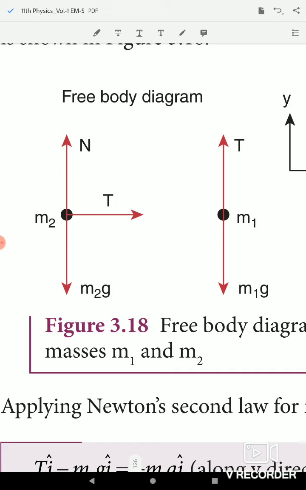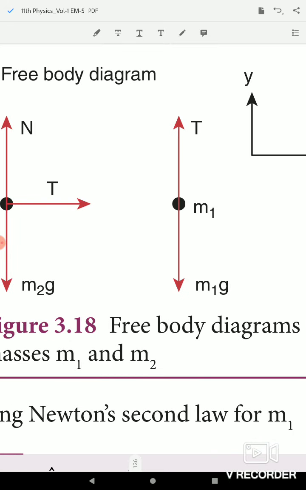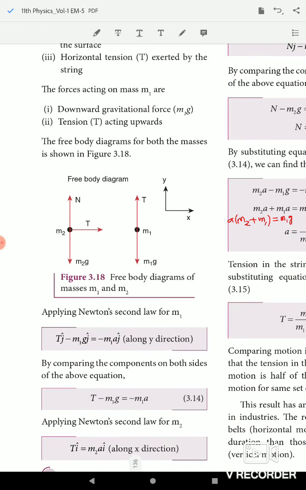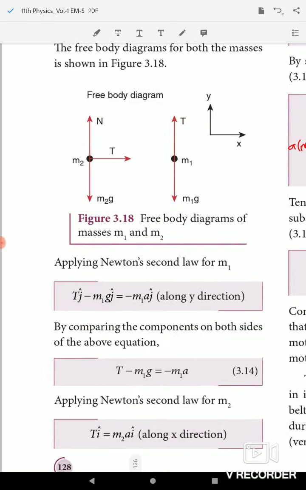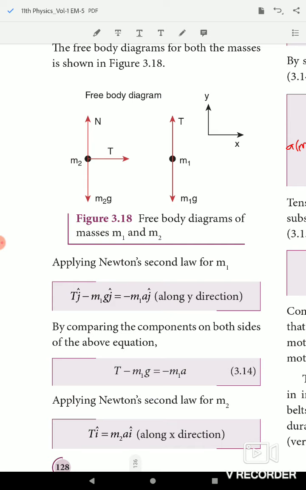In the case of m1, two forces are acting on the mass m1, that is the tension force acting in the upward direction and the gravitational force m1g acting in the downward direction. Okay, so according to Newton's second law, F equal to ma.